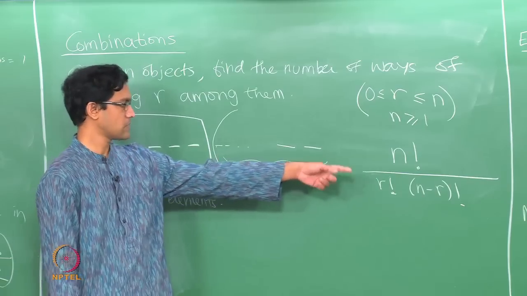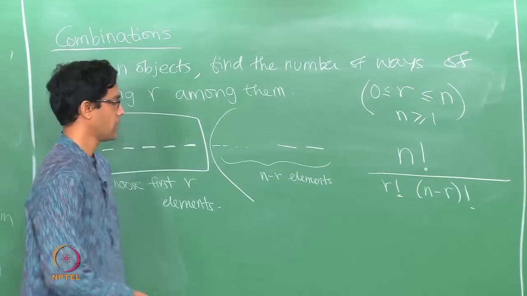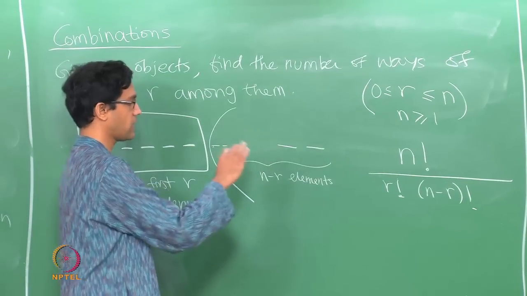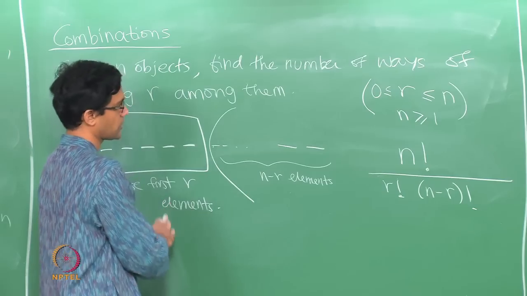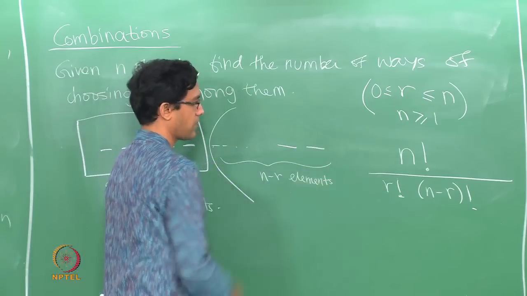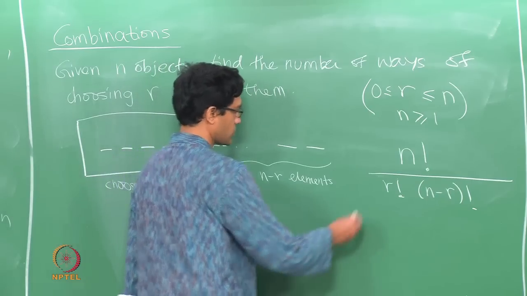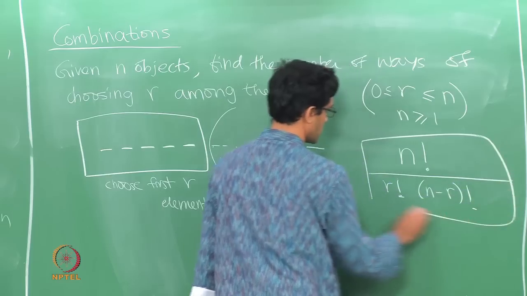Now that is the amount of repetition that you have when you count these, okay. So the final number of distinct choices of R elements that you can generate from the set of all permutations is just n factorial divided by R factorial times n minus R factorial. So this is now finally the number of choices.